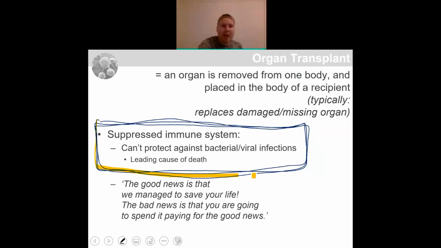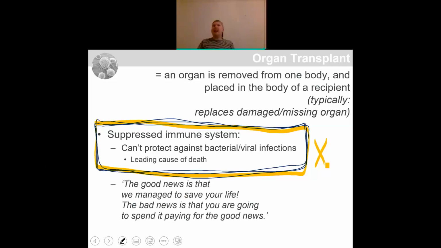So your immune system deals with that unless you switch it off. So what we end up doing when we give someone an organ transplant is we switch off their immune system. This helps so that your body doesn't attack the transplanted organ that we've given to this individual.